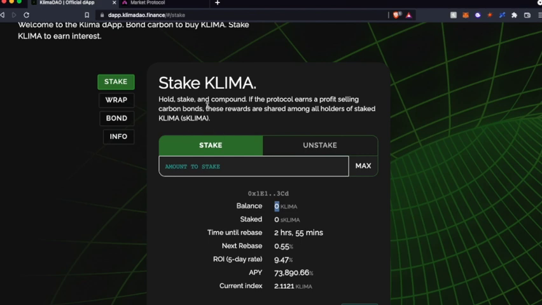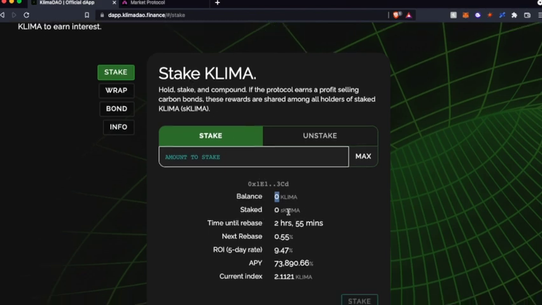Once you stake Klima, you get a token called sKlima, or staked Klima. The staked Klima is what keeps increasing over time.